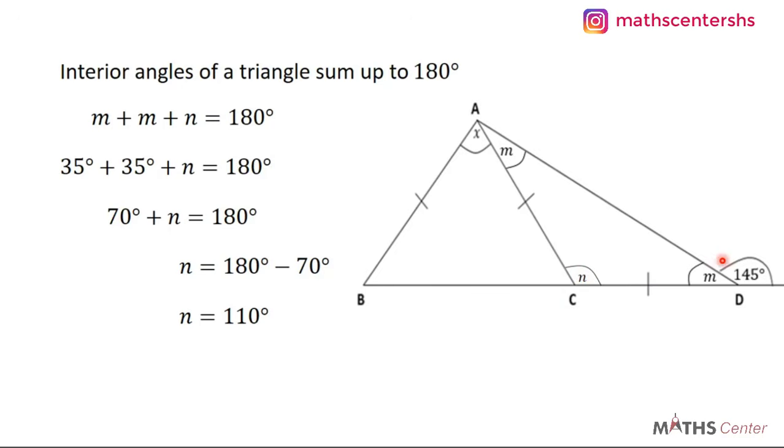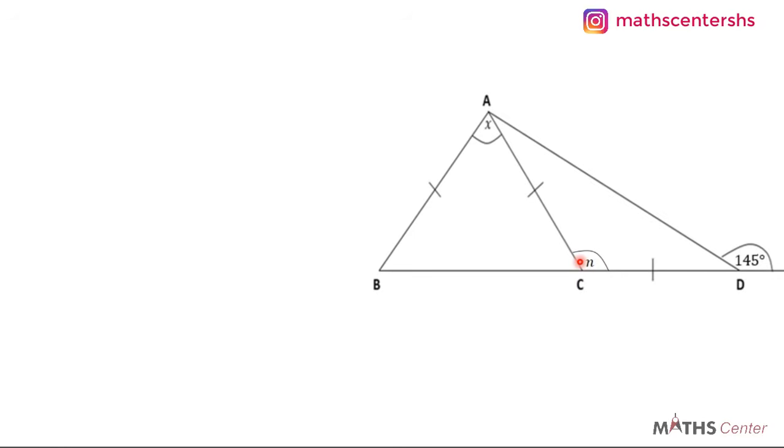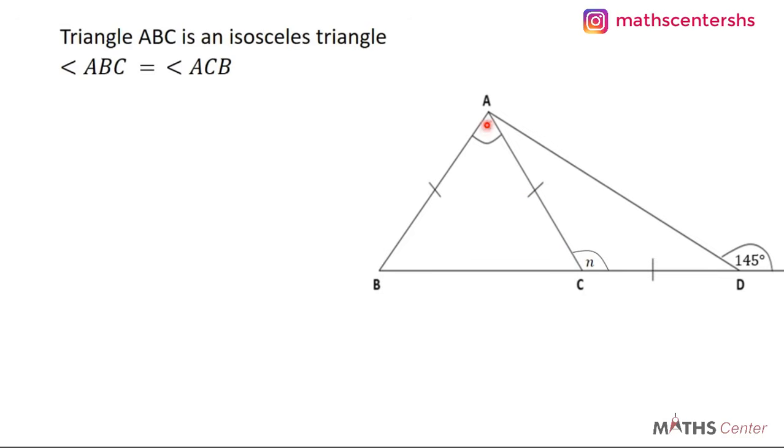So we see that we began from here and we are working towards the triangle ABC, which has the letter S in it. Now we are able to find the side here. Now because triangle ABC is an isosceles triangle, angle ABC and angle ACB are equal.